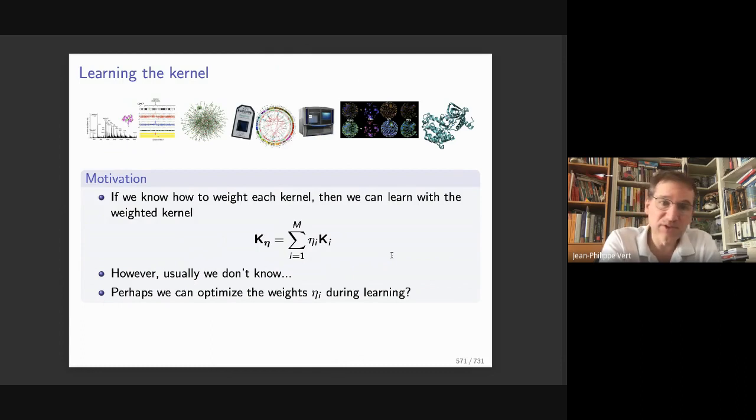So the question we'll investigate now is whether it is possible to learn the kernel, in the sense that, for example, it's possible to automatically learn the optimal weights that you should use when you train with the weighted sum of kernels. And if it's possible, what should be, for example, the objective function, and how do you solve the problem?